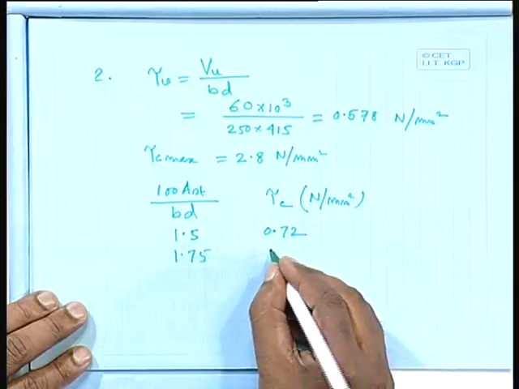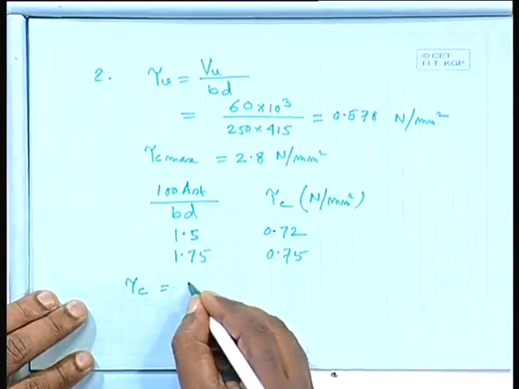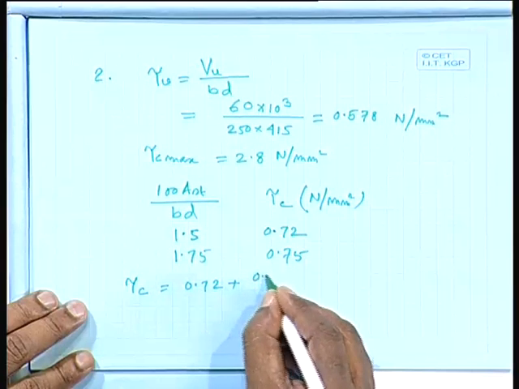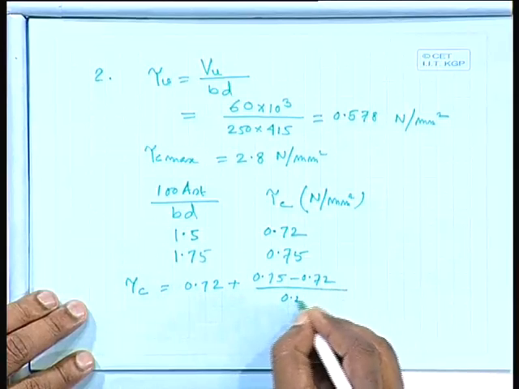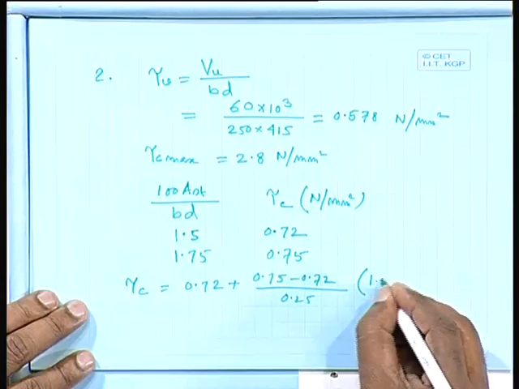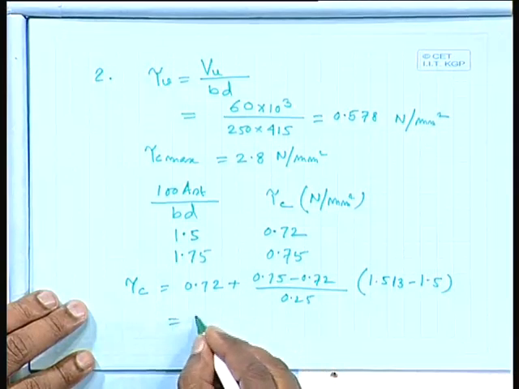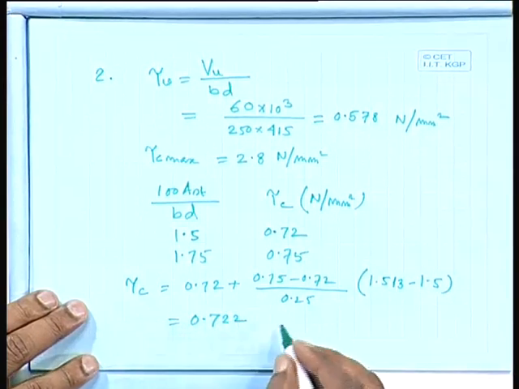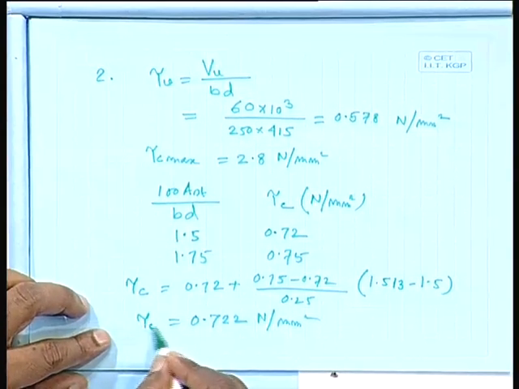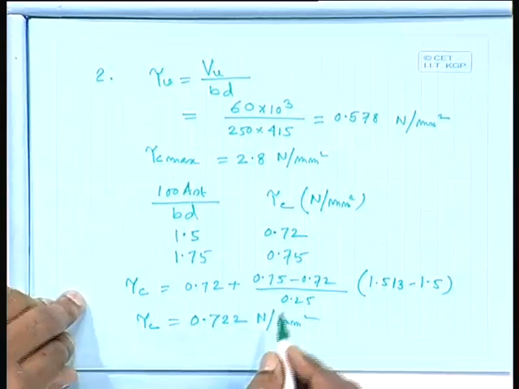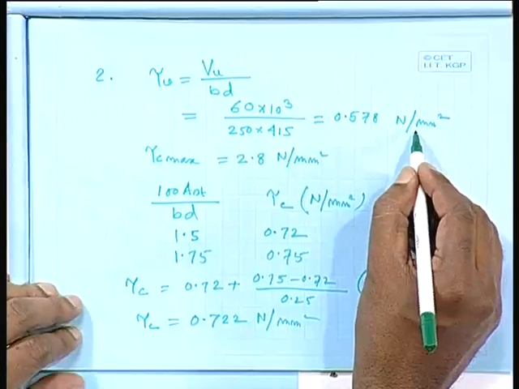So, tau C equal to 0.72 plus (0.75 minus 0.72) divided by 0.25 times (1.513 minus 1.5) percentage of steel, which comes as 0.722 Newton per square millimeter. So, tau C we shall get as 0.722 Newton per square millimeter and tau V 0.578 Newton per square millimeter.